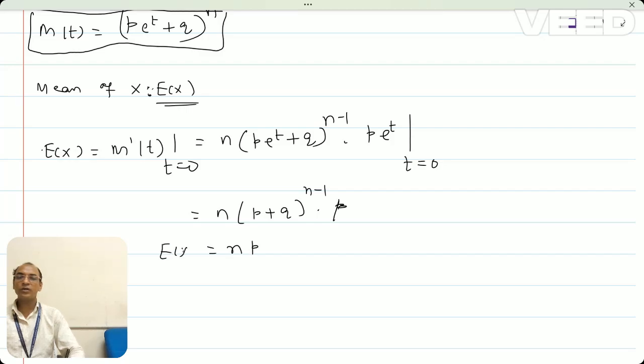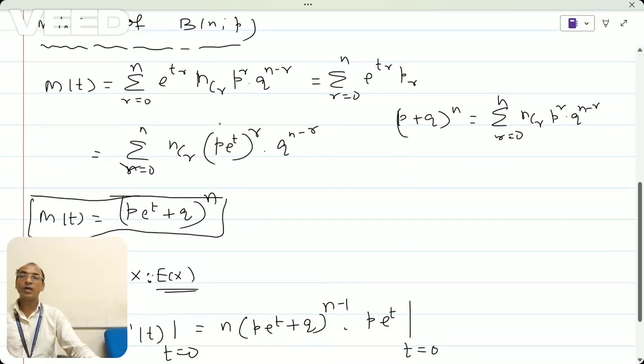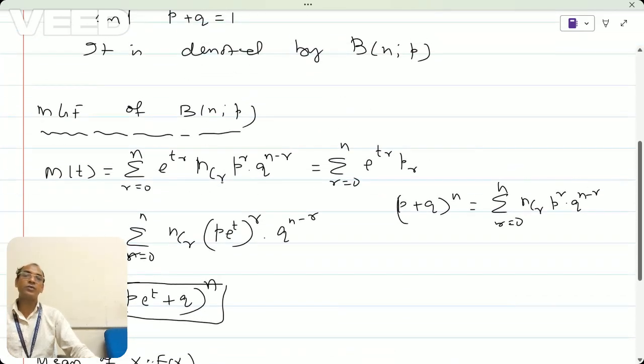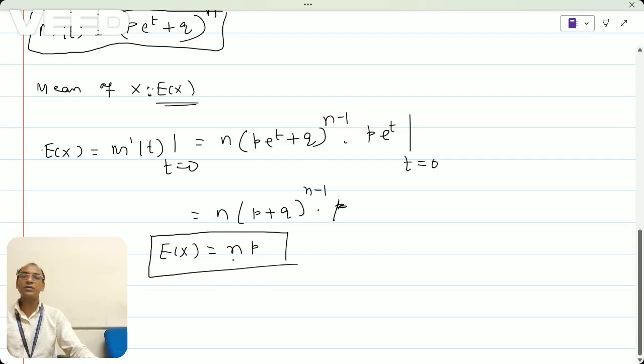So expectation of a binomial variate X is nothing but n into p, where n is the total number of trials and r is the value of the random variable. That means it will be the number of trials favorable to the particular event. Then the expectation is nothing but n into p.